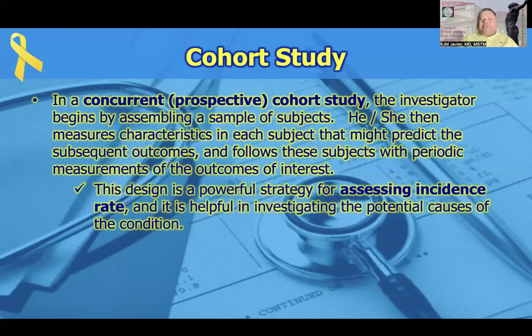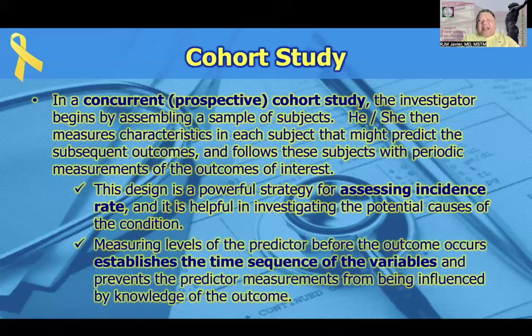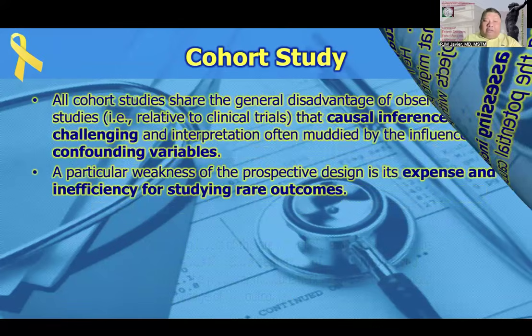The design is a powerful strategy for assessing incidence rate, the ability to develop the new onset disease. Remember, incidence rate looks into the number of new cases, newly diagnosed patients. And so, measuring the levels of predictor before the outcome occurs can establish the true temporality, the true time sequence of the variables, and therefore it can prevent the predictor measures from being influenced by knowledge of the outcome.